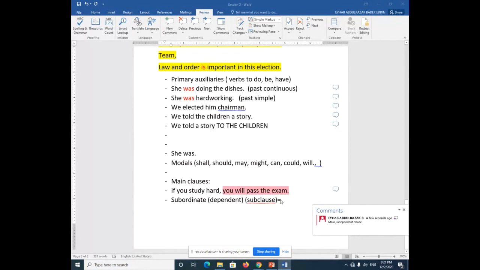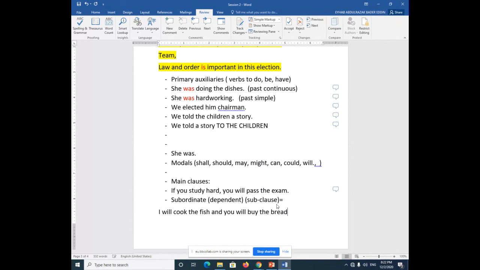So in compound sentences, we have two main clauses, and these two clauses are joined together by something we call a coordinating conjunction. For example, I will cook the fish and you will buy the bread. Okay, so here we have two main clauses.